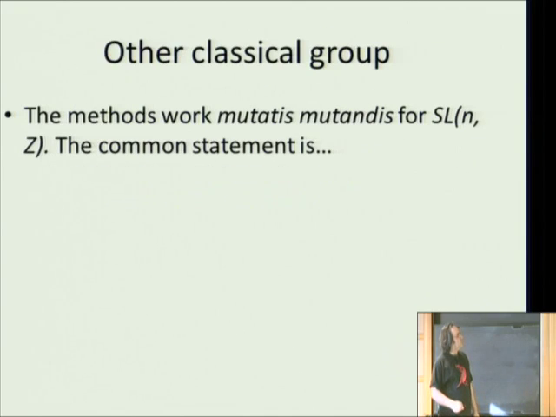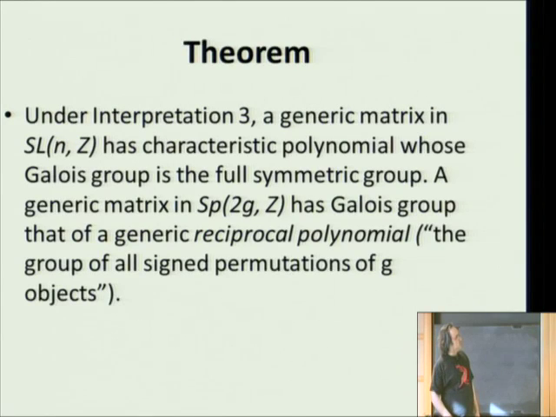And then you can use the same methods for SL_n(Z). And the statement actually is that the generic matrix has the full symmetric group as its Galois group.